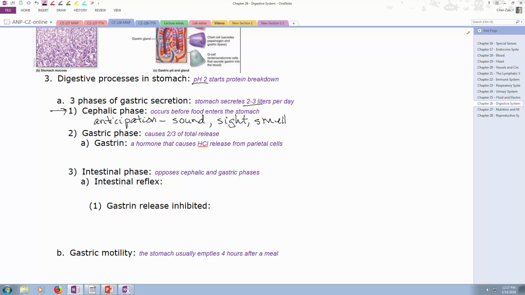Now, the gastric phase means that the food got there, right? And that's going to cause two-thirds of the total release of our gastric juices. What's important for this is that hormone, gastrin, which is going to cause hydrochloric acid release from our parietal cells. And what activates this hormone release is stomach stretch.